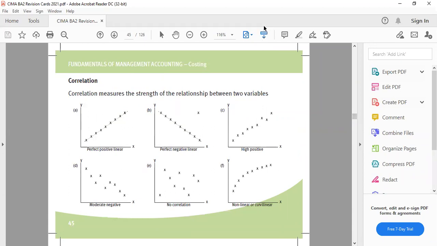In connection with regression analysis comes correlation. The first step is to find out whether two variables are related, correlated, to each other. That is what has to be understood.